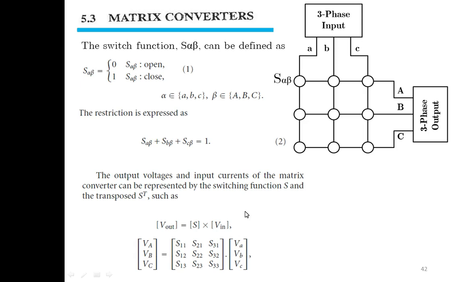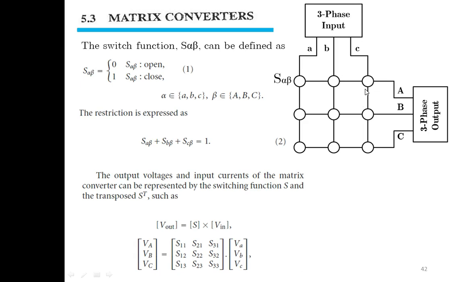This becomes very simple, that is V capital A is equal to S11, the first index represents alpha, second one represents beta. This is switch S11 plus S21. This is switch S21 plus switch S31.